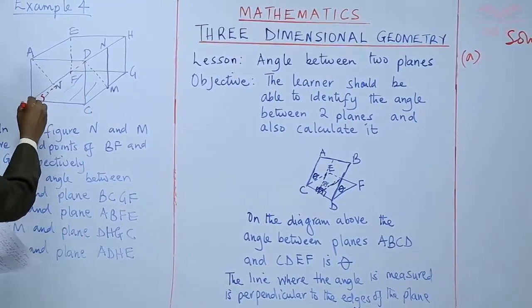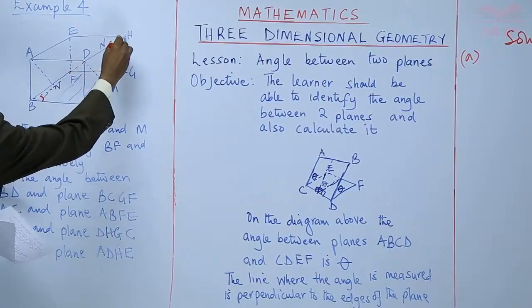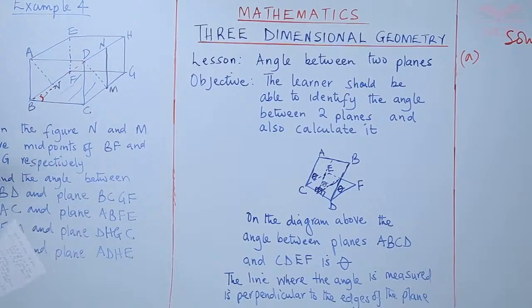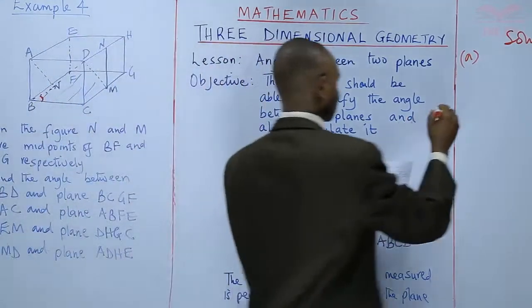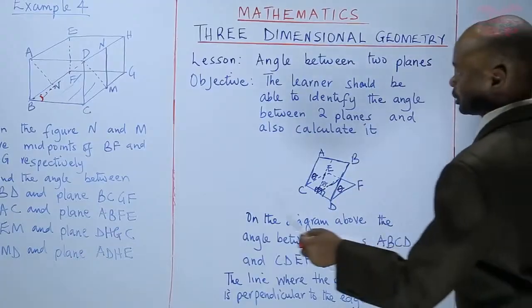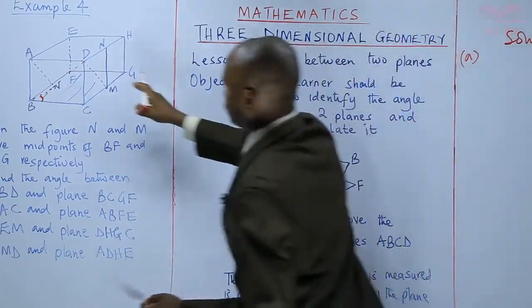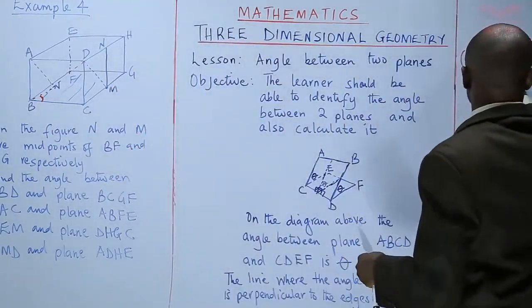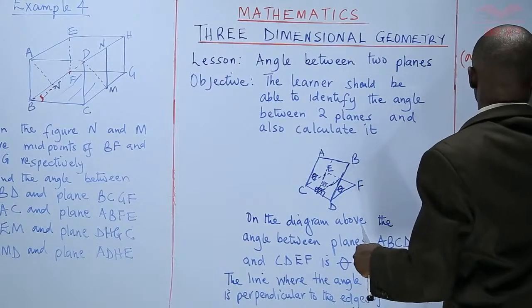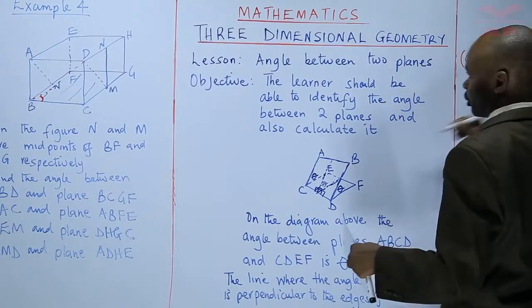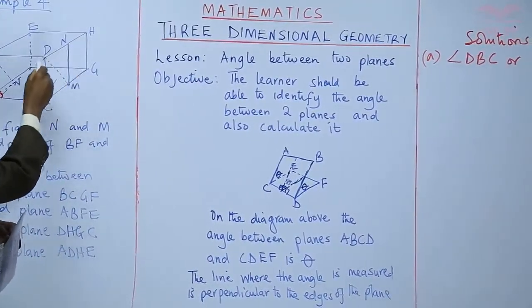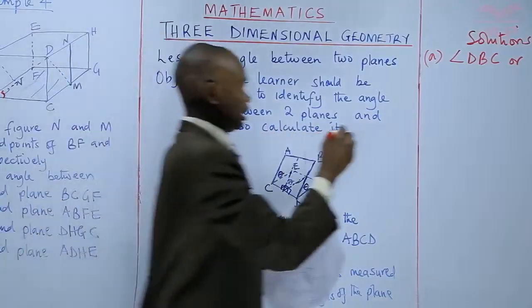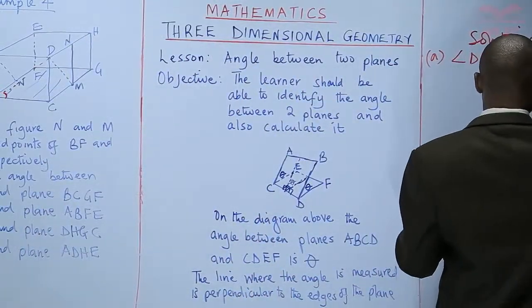You can either have this angle or the other angle at the end of the other face. In A, you'll get angle DBC, or you can still get another angle at the end there, HFG.